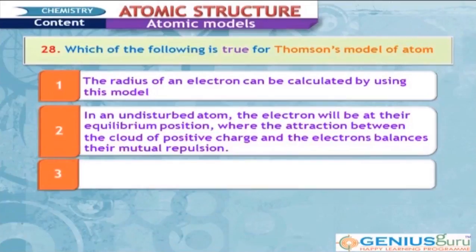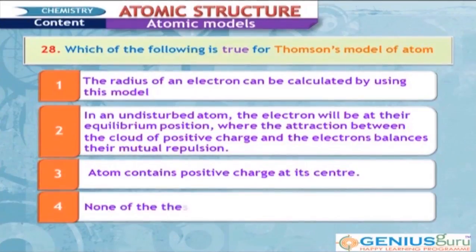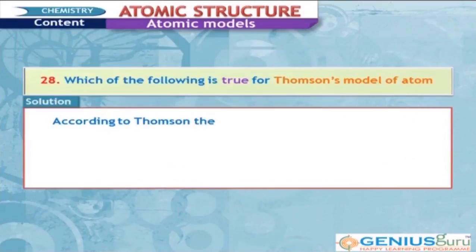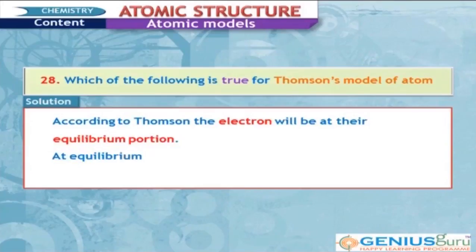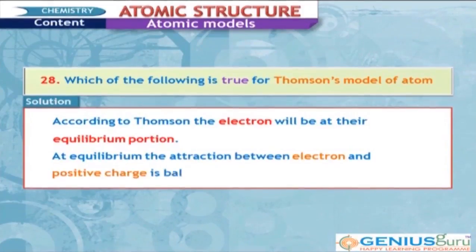Third one is atom contains positive charge at its center, and fourth one is none of these. If you know the Thomson atomic model, then we can easily answer this question. According to Thomson, the electron will be present at its equilibrium position. At this equilibrium, the attraction between the electron and positive charge is balanced by the mutual repulsion of the electrons.